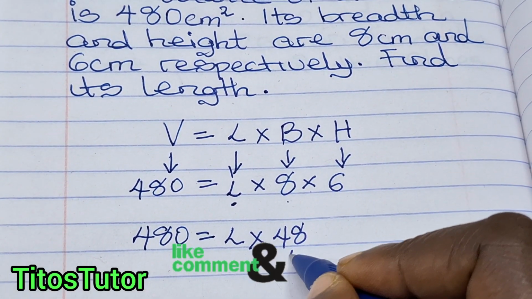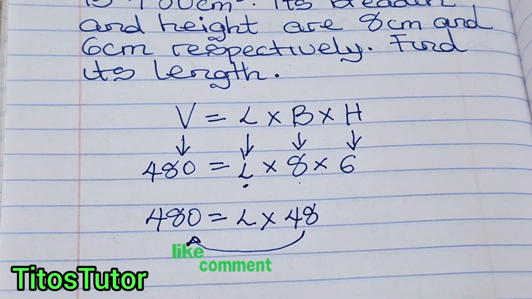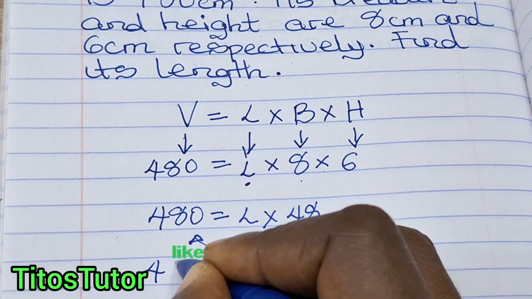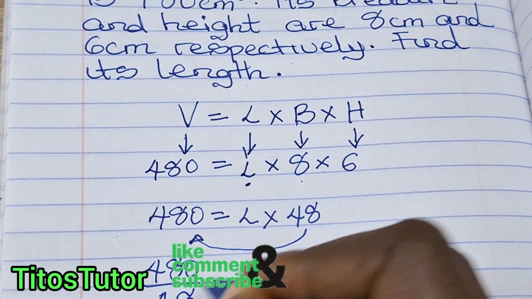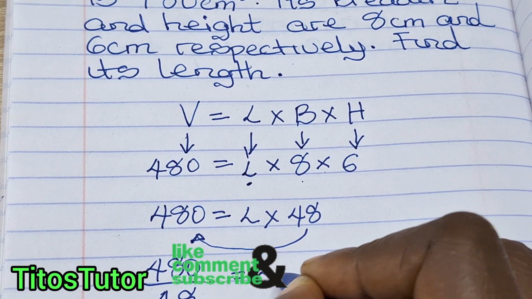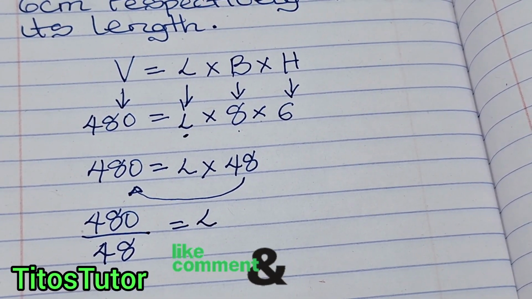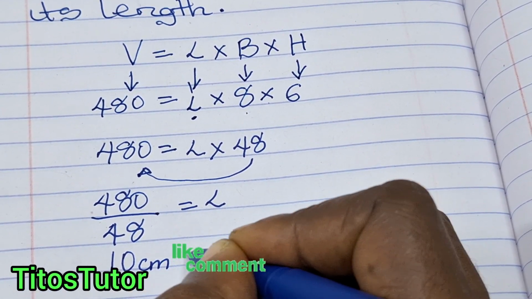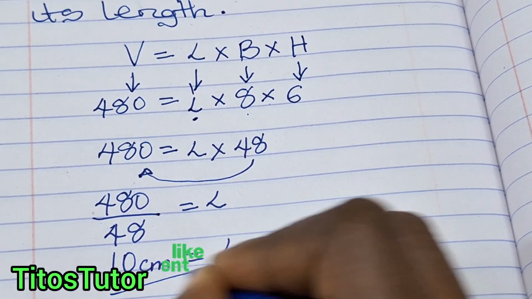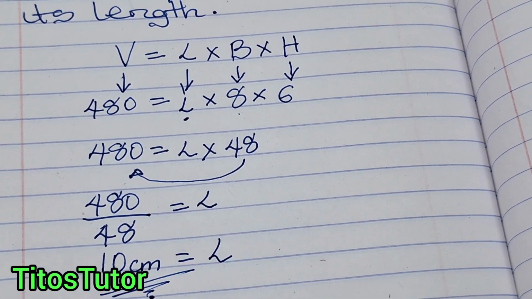So we bring this 48 to the other side, it becomes division. So we have 480 divided by 48 is equal to L. And 480 divided by 48 is 10. So our final answer is 10 cm is equal to L. And we are done.